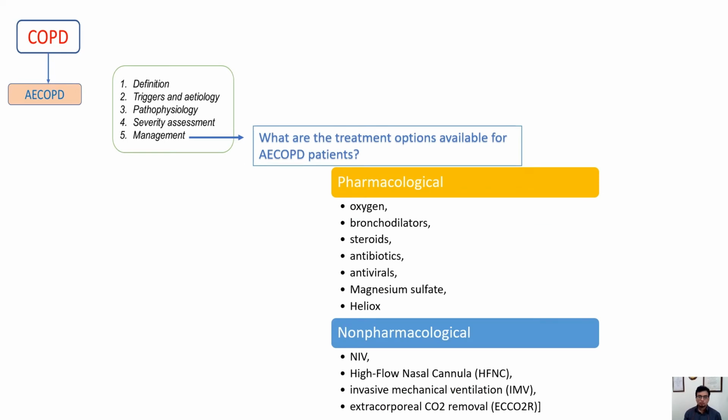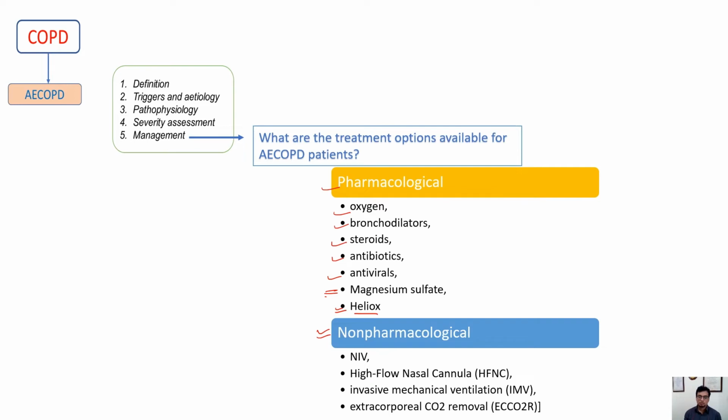So what are the treatment options available for AECOPD patients? There are two types of options: pharmacological options and non-pharmacological or supportive options. In pharmacological options, you have to start oxygen, give bronchodilator nebulization, start IV steroid, antibiotics, and antiviral. Then there is some role of magnesium sulfate, not much, and Heliox still has a role, but especially in asthma.